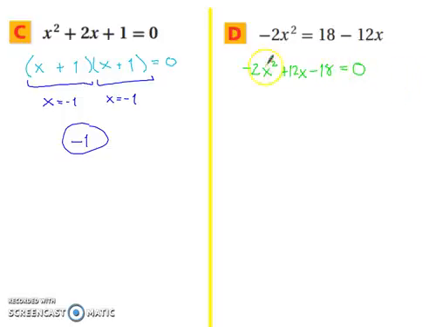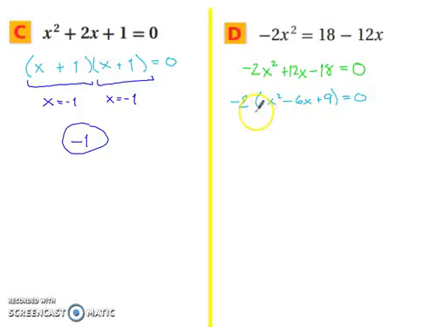Well, notice how all of them are divisible by 2. So we can factor out a negative 2 to make this problem a little more simplistic. So if we factor out our greatest common factor of negative 2, we're left with x squared minus 6x plus 9.